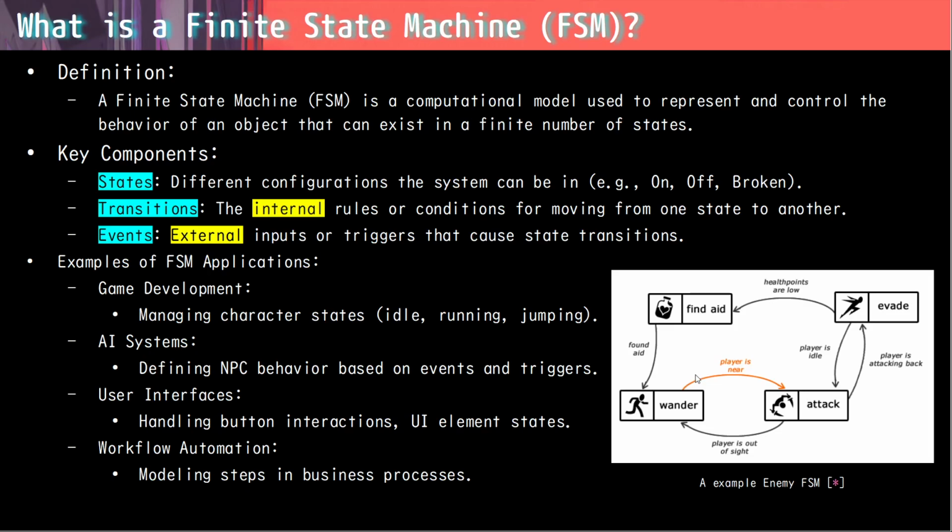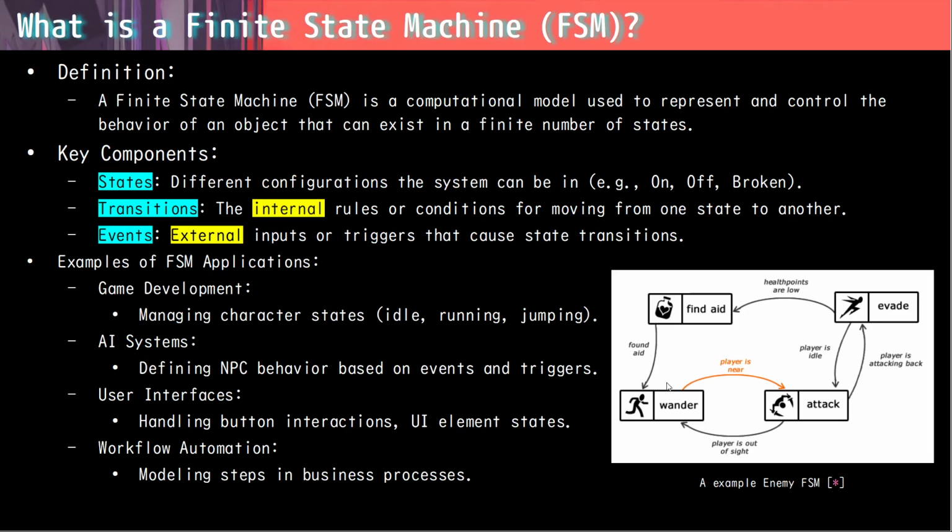When something happens to this enemy, he will switch his mind into another mode. This is attack mode. In attack mode, the enemy will try to attack anything he sees or finds within his view. But let's take a look at the orange lines over here. The orange arrow means the transition condition for the enemy state.